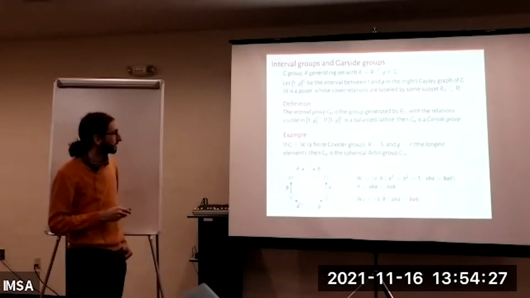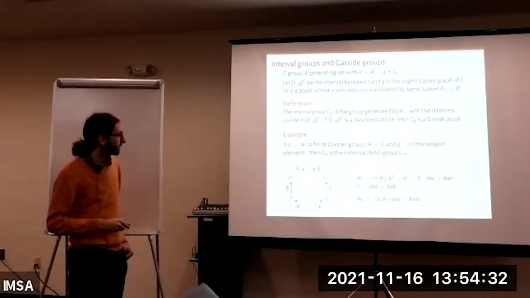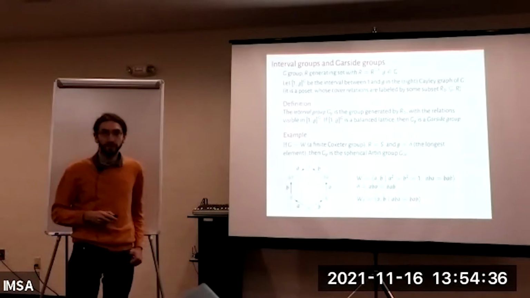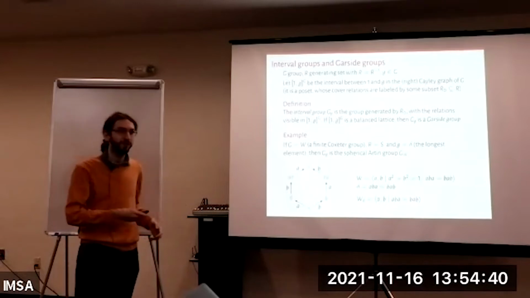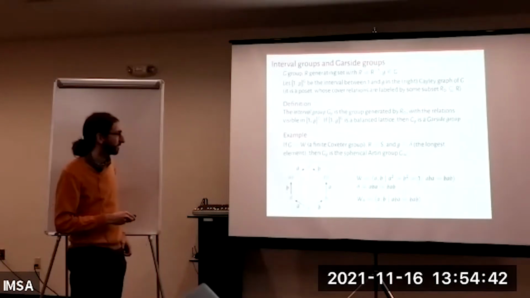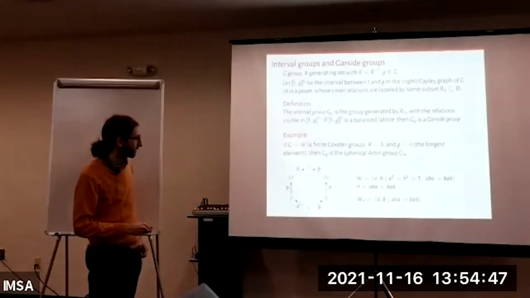You can construct the interval group, which is the group with the generators that you see as labels of the edges in the Cayley graph, and subject to the relations that you see again in this Cayley graph. So, for example, here there is only one relation.